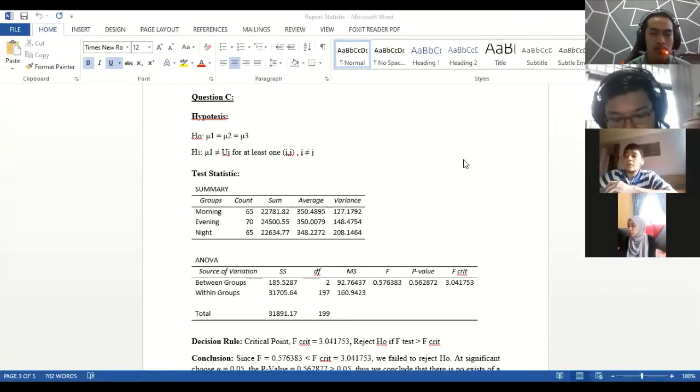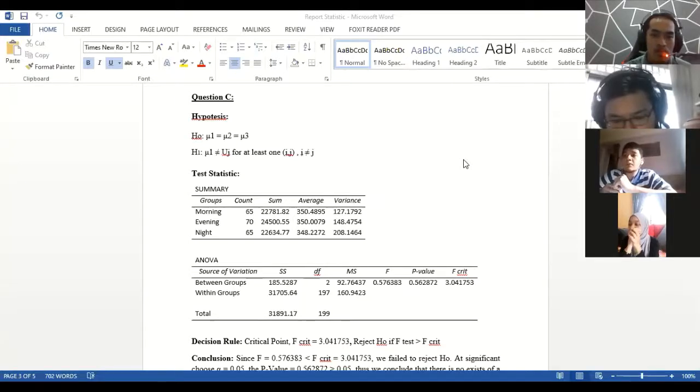To identify the values, we must summarize the data by group. We have group 1, which is morning, group 2 for evening, and group 3 for night. We summarize by their count and sum, and from the count and sum we can get the average.